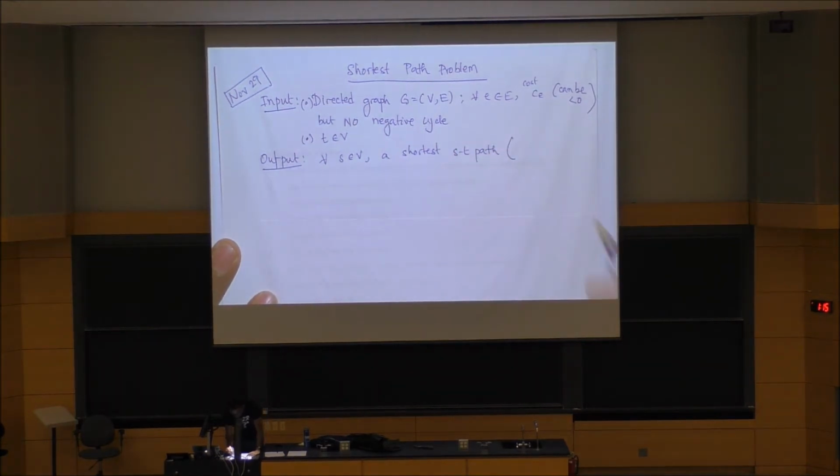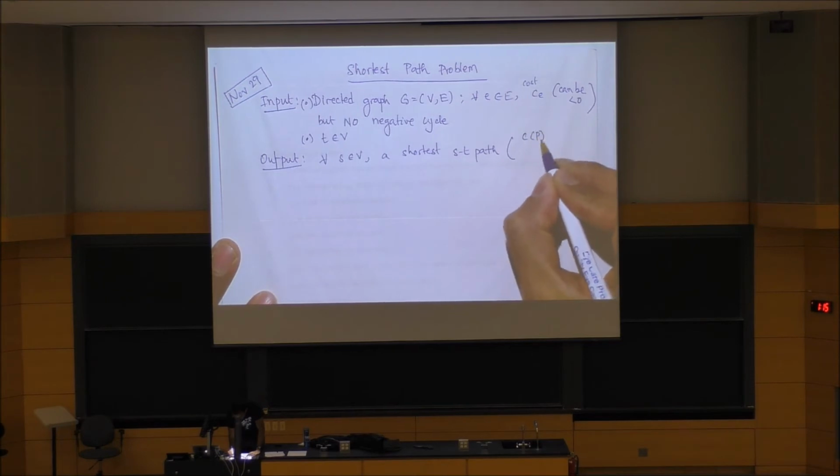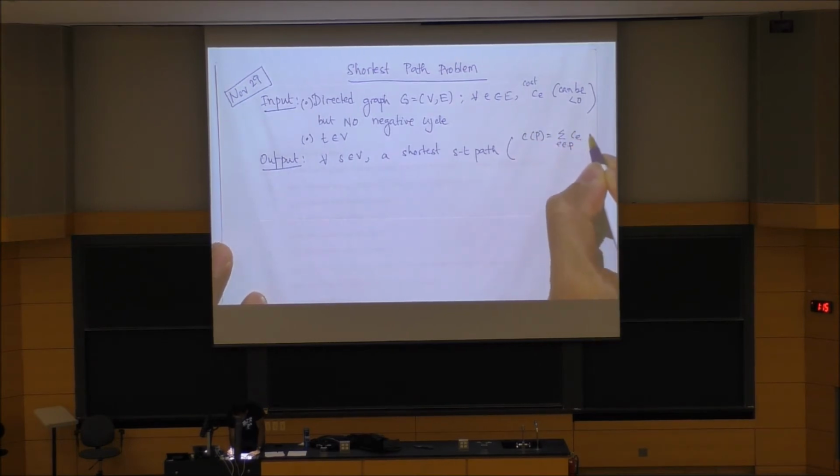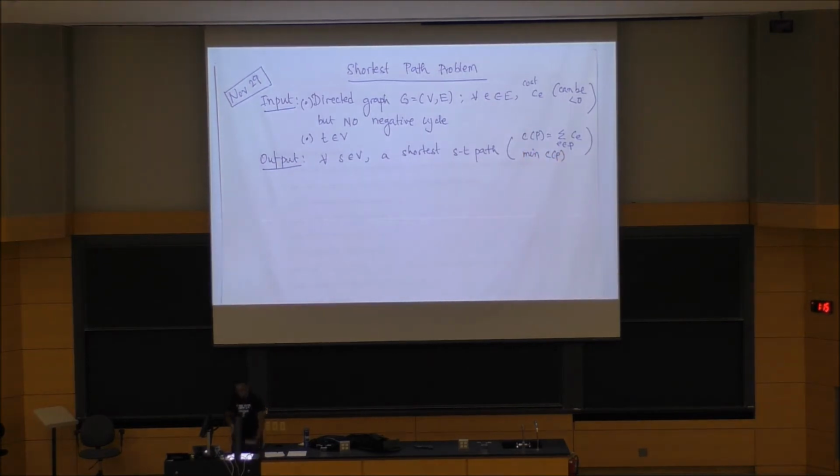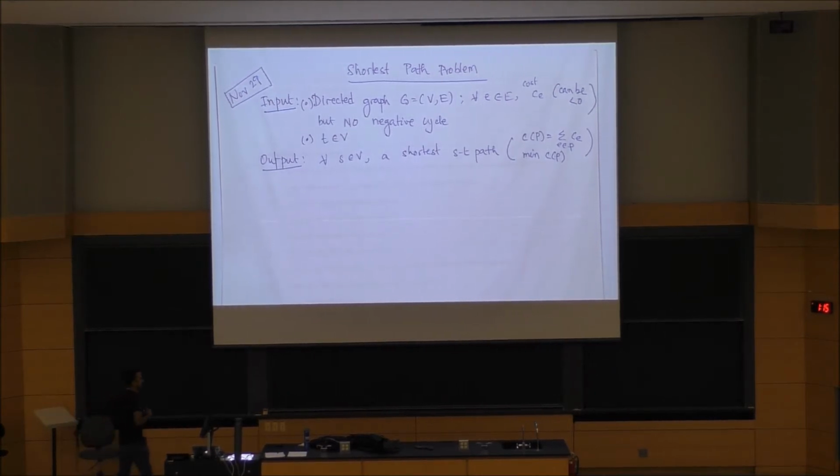Here, by shortest, I mean the cost of a path is the sum of the costs of the edges in the path, and when I say shortest, it means you want to find the one with the minimum cost. So among all ST paths, find one that has the minimum cost.